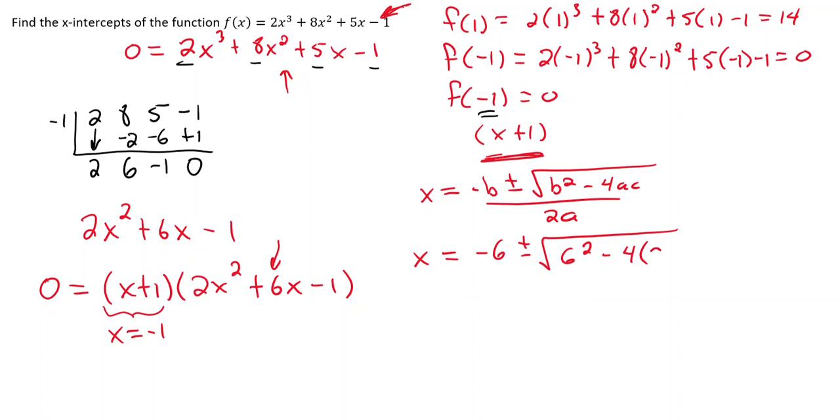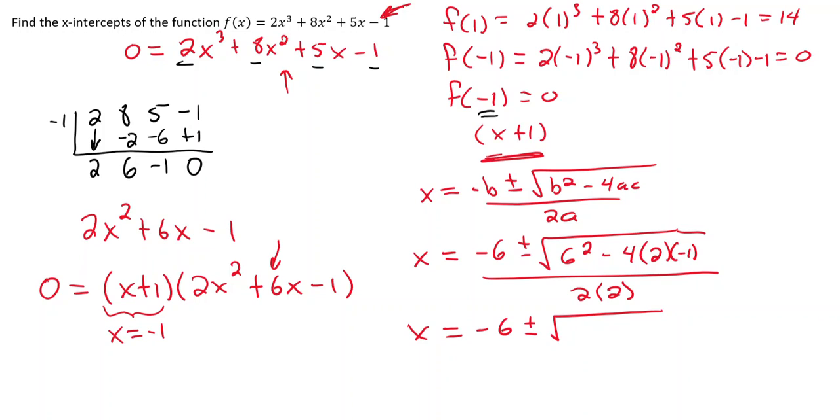My a value is 2, my c is -1, and this is all over 2 times 2. So what we get from here is -6 plus or minus the square root of, this becomes 44, all over just 4 at this point.